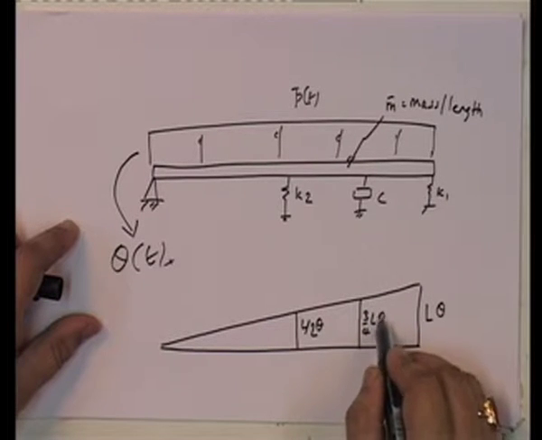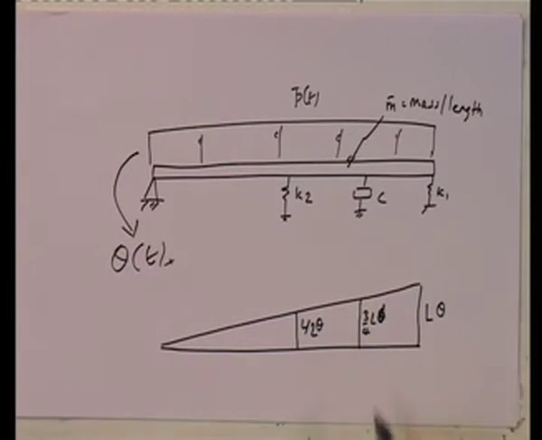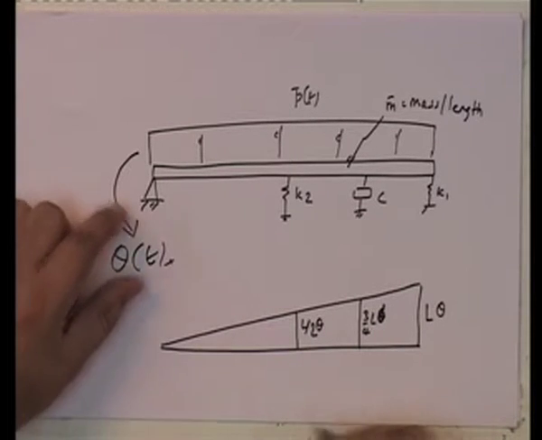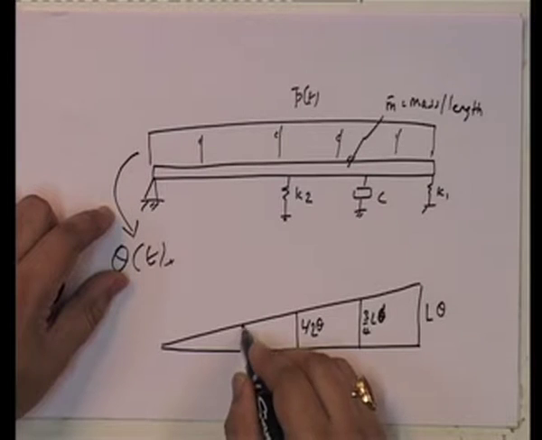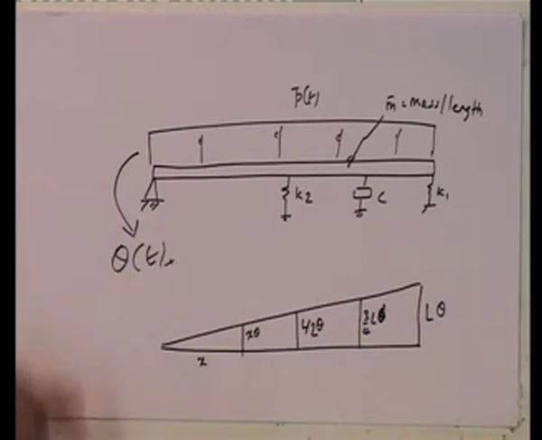The first thing is to look at what the displacements are at various points, and in fact, at any point x the displacement is going to be x theta. So, that is the displacement pattern that we get, and that is only going to be vertical.